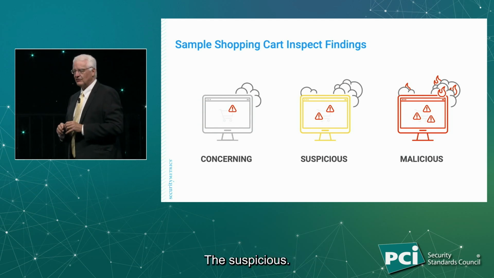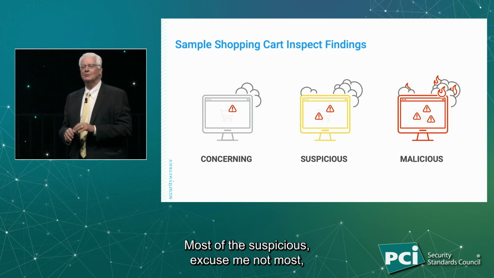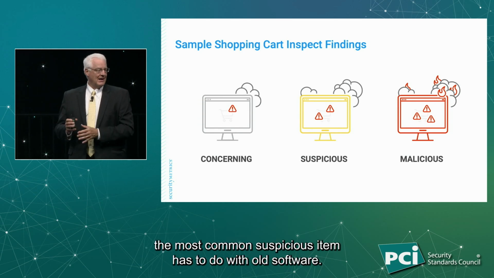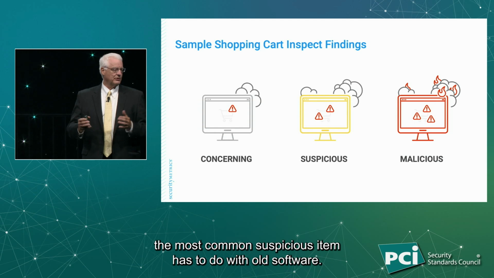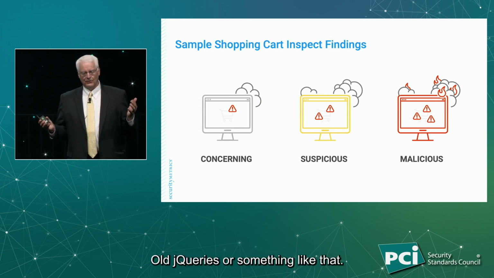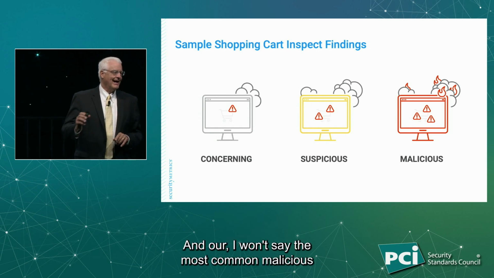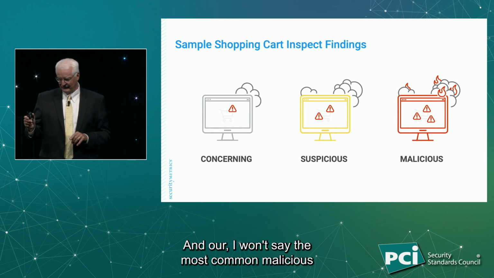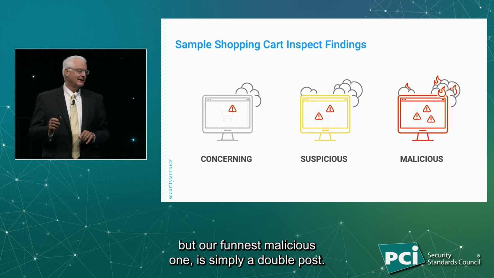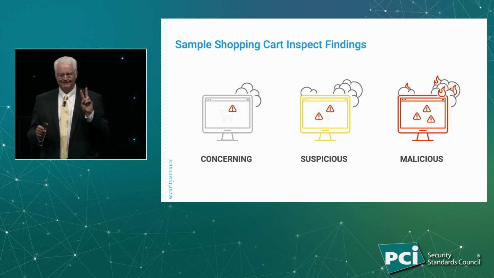The most common suspicious item has to do with old software, old jQueries, or something like that. And I won't say the most common malicious, but our funnest malicious one is simply a double post.